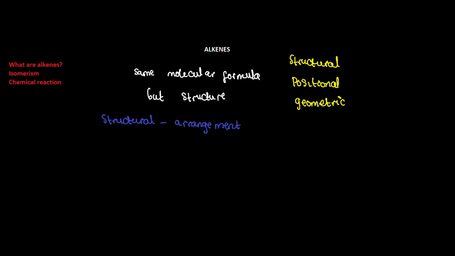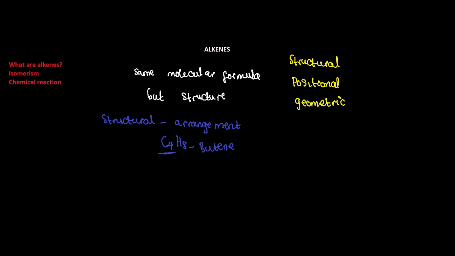So, given a particular molecule, take for instance C4H8, which is an alkene by the name butene, a structural isomer of this particular molecule would give us an idea of whether the four carbon atoms are arranged in a straight continuous chain or if they are branched.